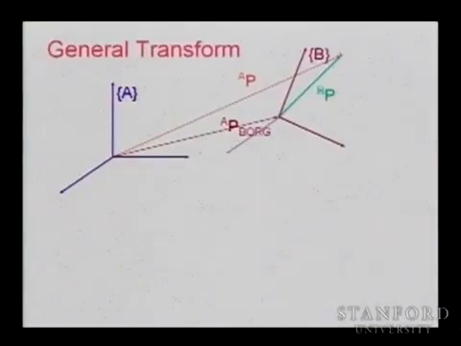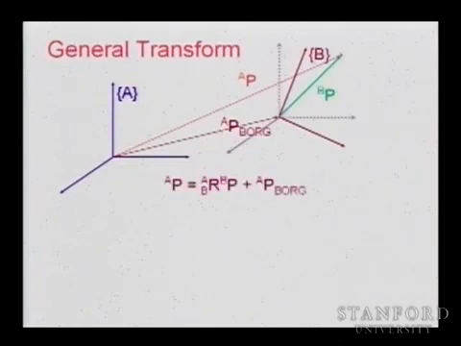So when we come to a general transformation, now I'm going to have a description of this same point P, but with respect to an arbitrary frame B that is rotated with respect to A. Then we need to account for this rotation, and that means that it's not simply the sum, but I have to do the sum with respect to descriptions in the same frame. That is, I cannot add this vector directly with this vector.